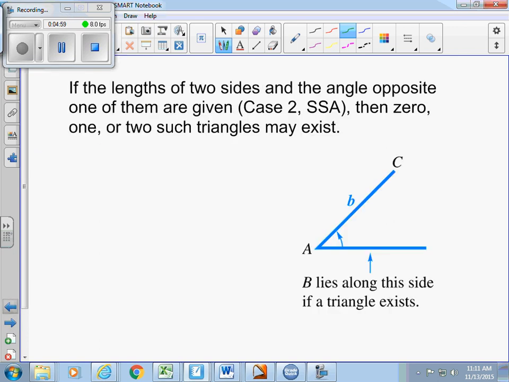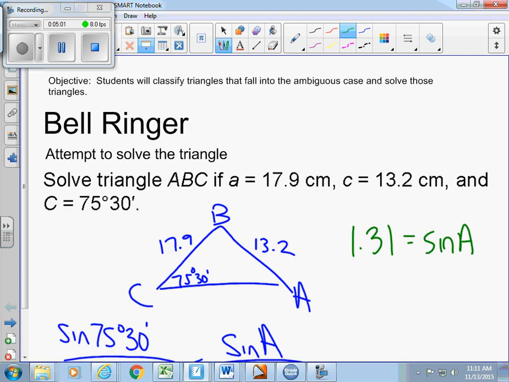Let's go back to this one. Time out for just a second. Find that height for me. Everyone do that for me. Find the height of that triangle.